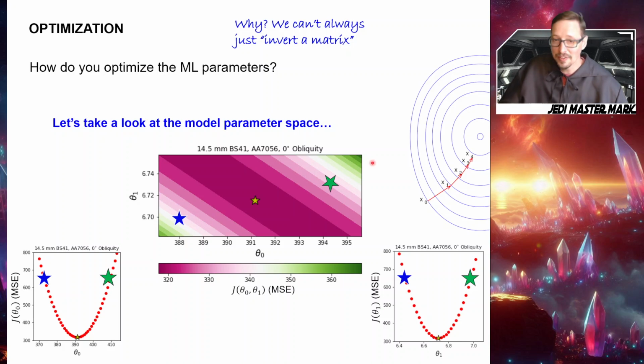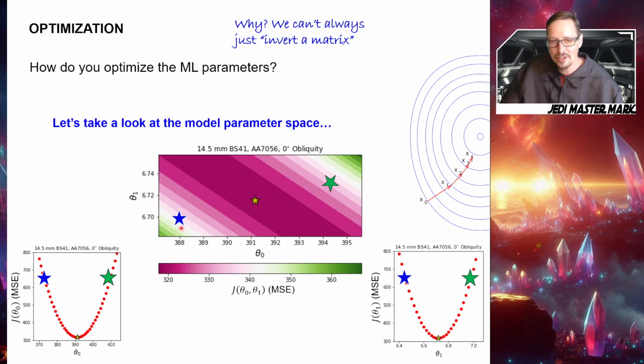So I actually took the data here, and this is what the cost function looks like, as a contour plot as a function of theta naught and theta 1. So you have this valley here, right? If you think of this as a hill that starts and goes down into a valley and then goes back up, thinking about the topology of this, our optimal model is this gold star.